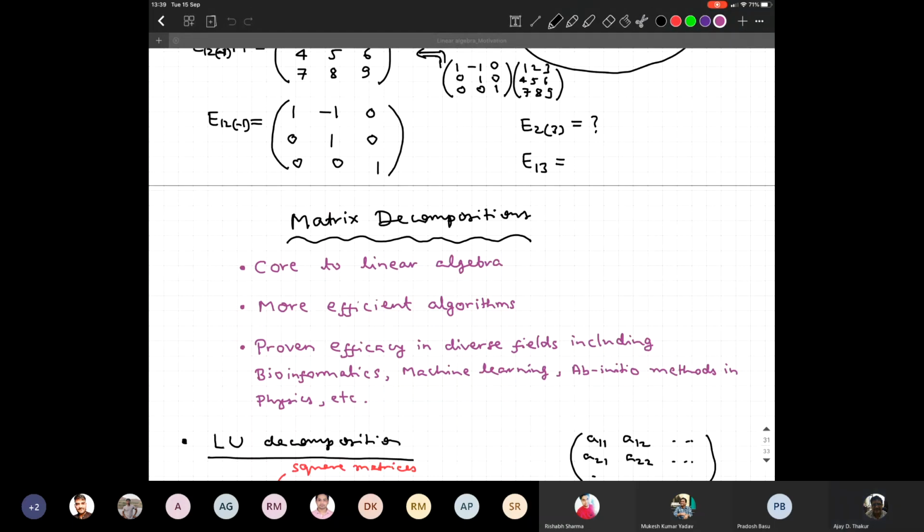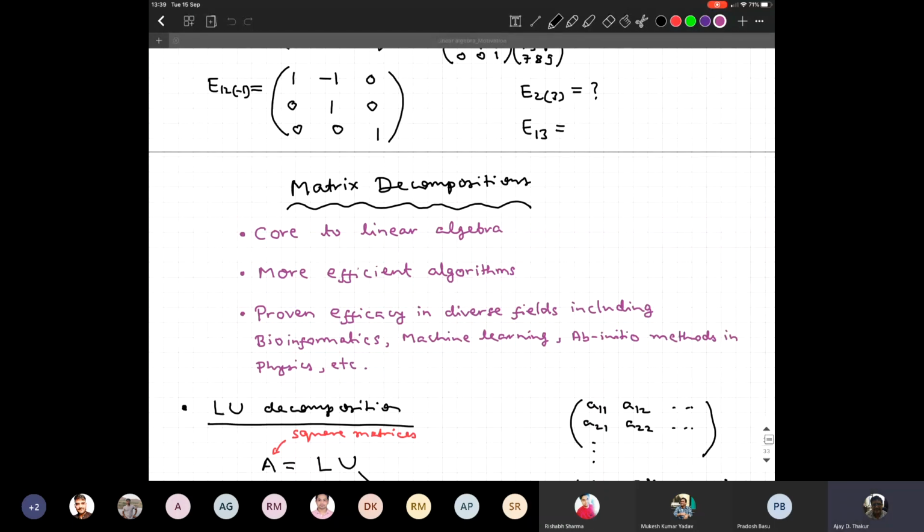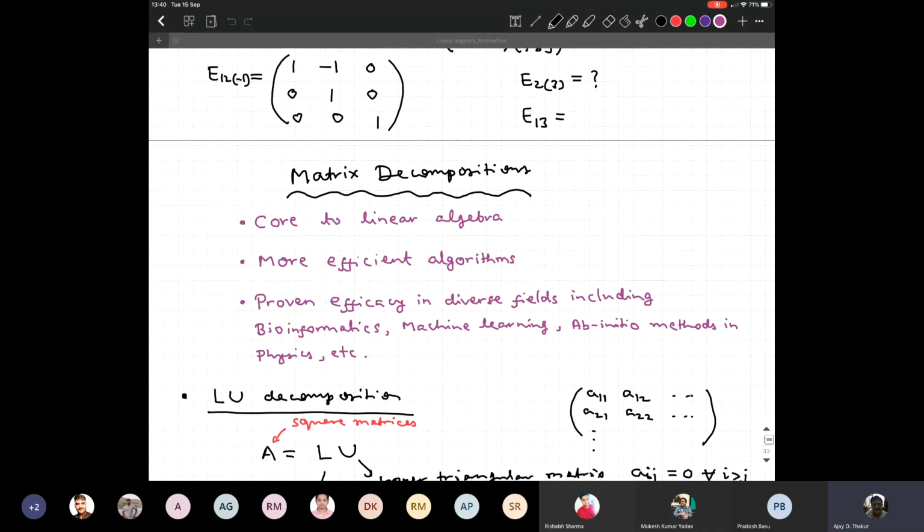A lot of algorithms that come out of linear algebra have an efficiency that depends on the matrix decomposition techniques that we use. To make a particular calculation more time efficient, you would like to do a particular type of matrix decomposition. We will see some of these later on in this course.